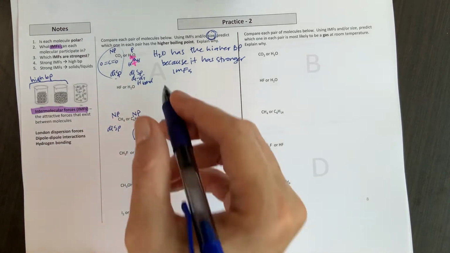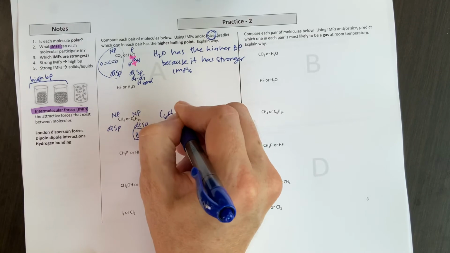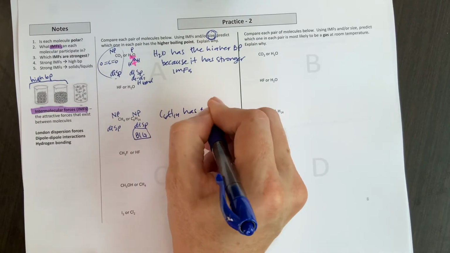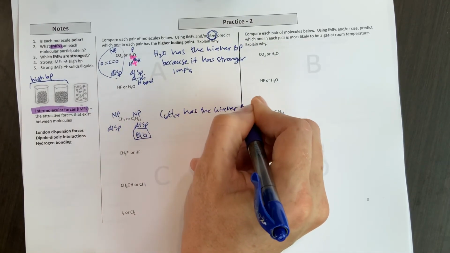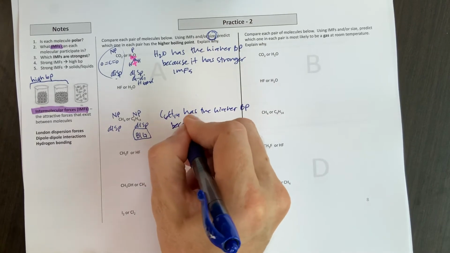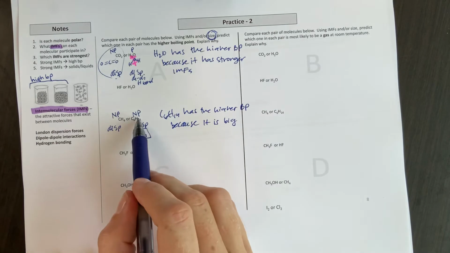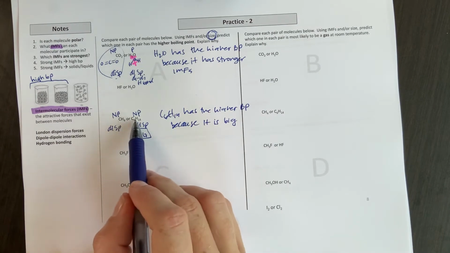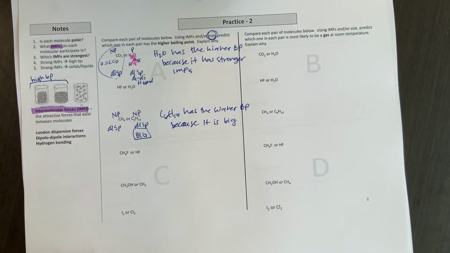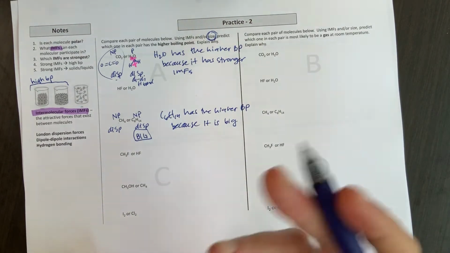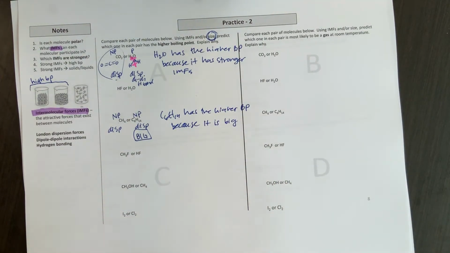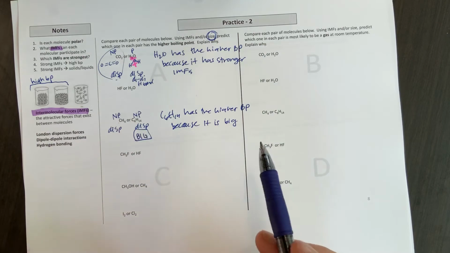So when you are big, I'm going to say here, C6H14 has the higher boiling point because it is big, and I'm literally just counting atoms here, even comparing one carbon to 6, the carbons being very important here in terms of size. We'll learn about mass in the next chapter, and we could use mass too to say this has a higher mass.